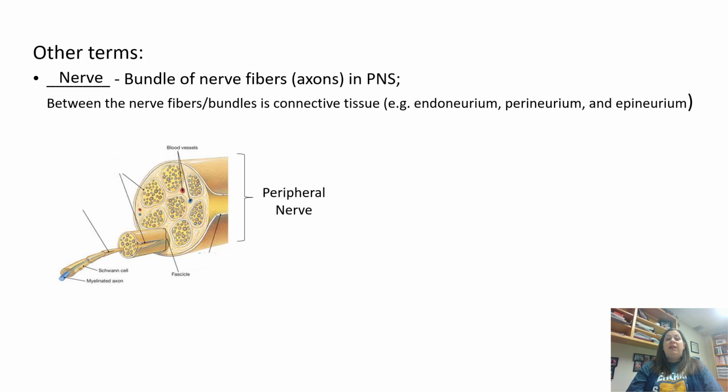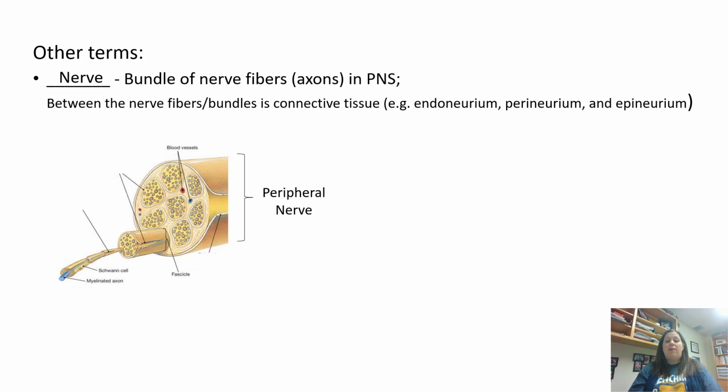So guys, a nerve is actually a bundle of nerve fibers that are present within the peripheral nervous system. This is where there are actual axons bundled together with connective tissue in between. If you'll notice in this picture, this is very similar to how muscles are packaged. Remember, the muscles were wrapped several times around for protection.